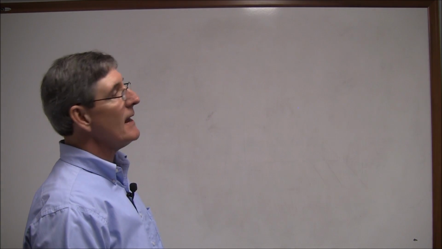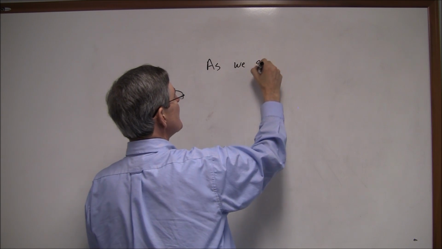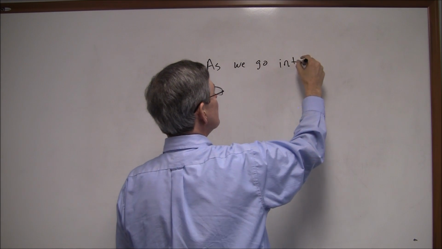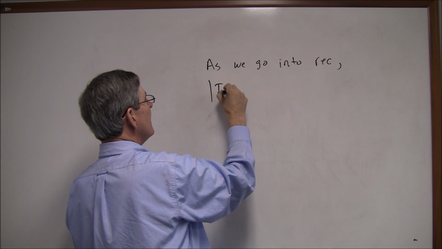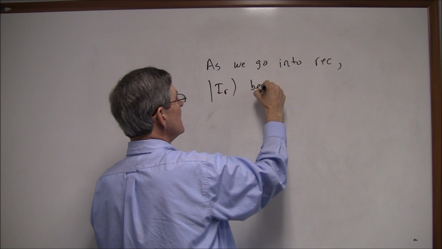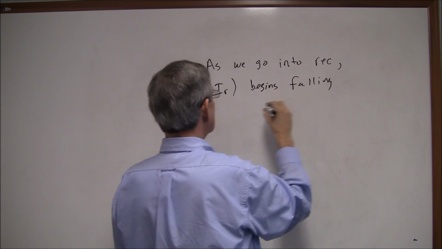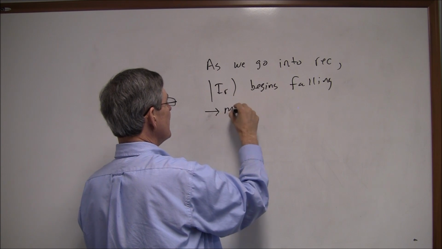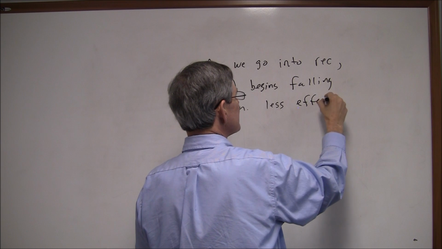So what we're saying is that as we go into a recession, that parameter I of R begins falling, which causes monetary policy to be less effective, but it still has effectiveness.